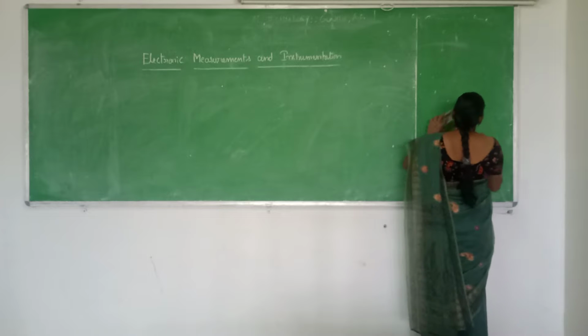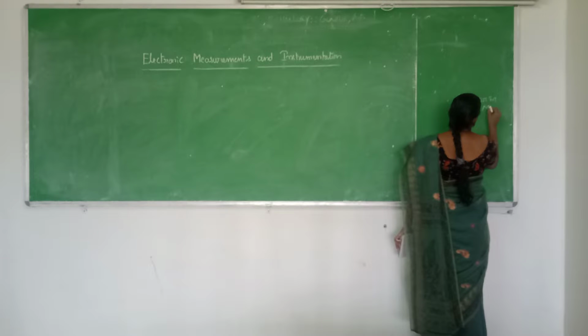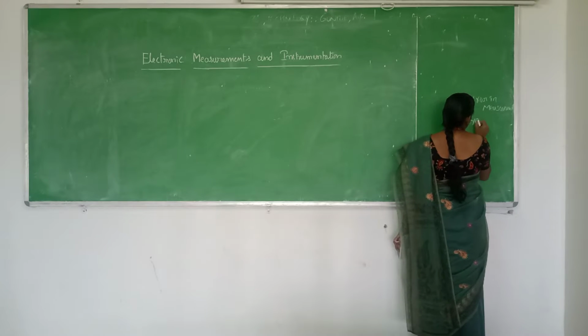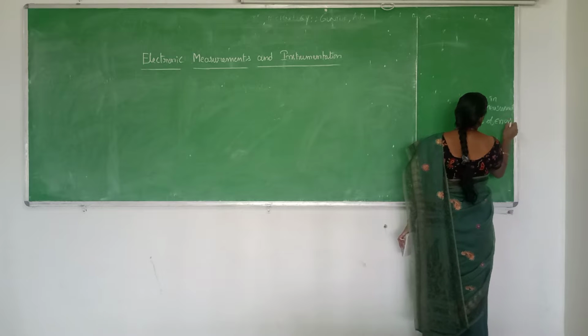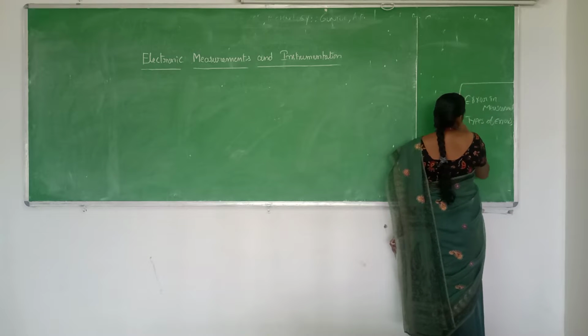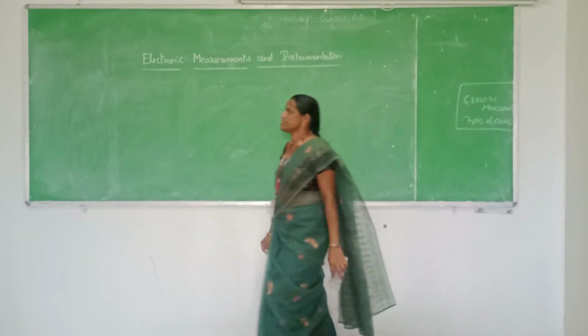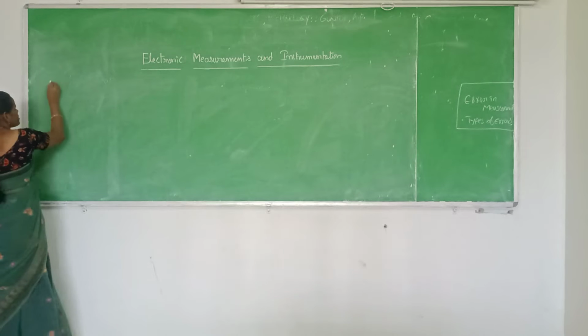Today's topics are error in measurement and also the types of errors. These are the things we need to cover in today's class. The first one is error in the measurement.